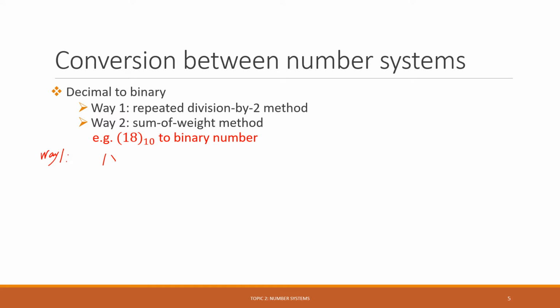First we divide 18 by the radix 2. The quotient is 9, and the remainder is 0. Then we divide this 9 by 2 again.